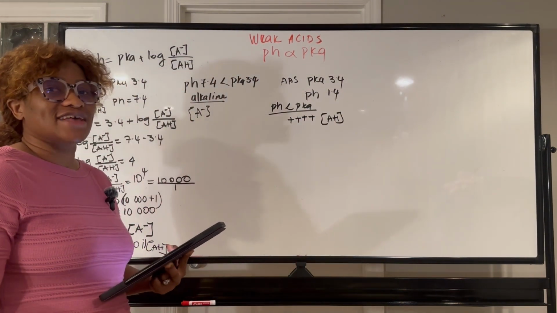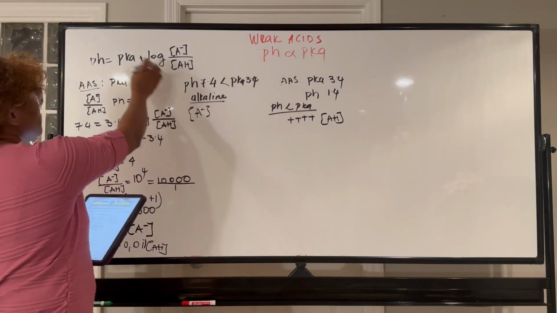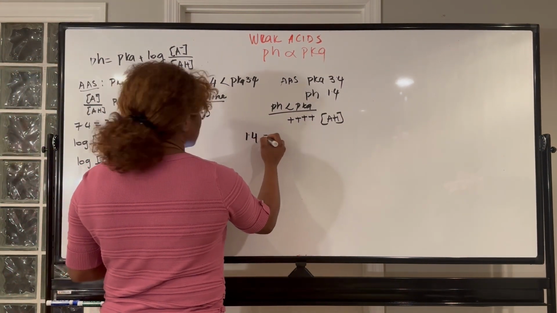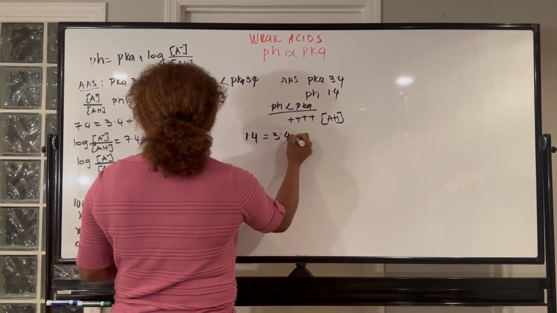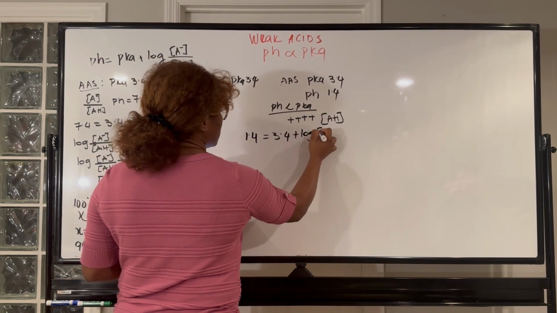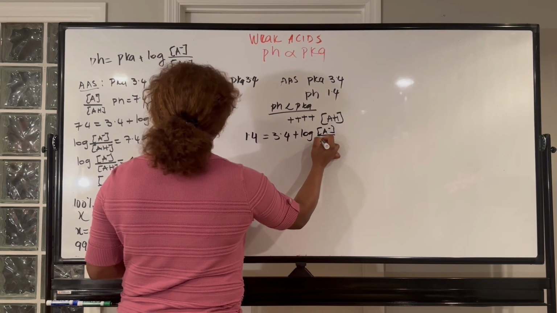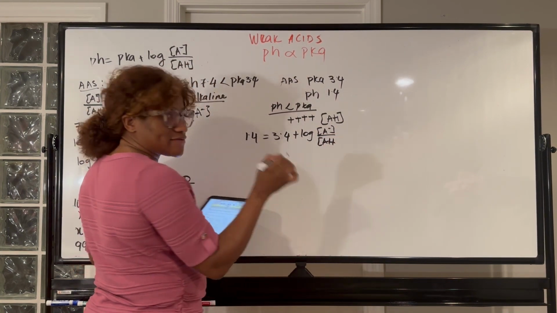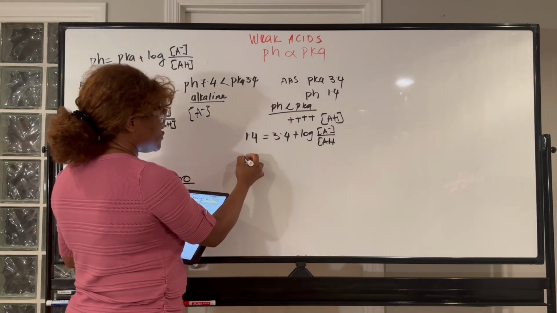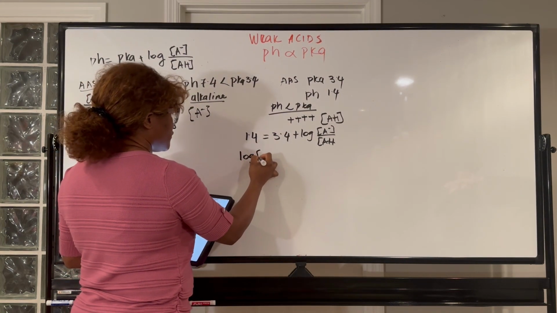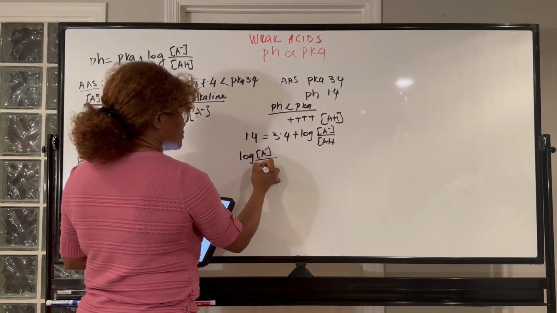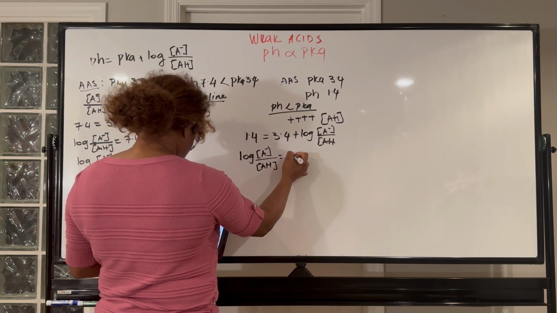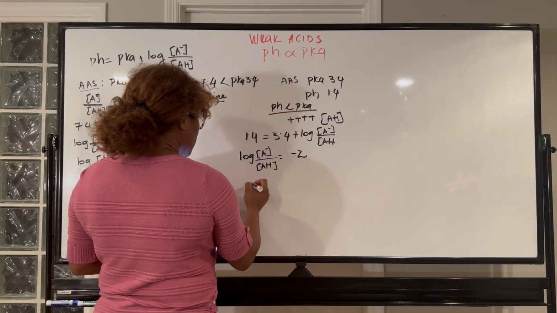But because we are asked for the percentage, we have to go back and use the formula. I'm just going to plug in my variables. It's going to be the same thing we just did, plus log of A minus over AH. For the purpose of the video, I'm going to make it a little bit shorter. So the log of A minus over the non-ionized portion of the drug is going to be -2.